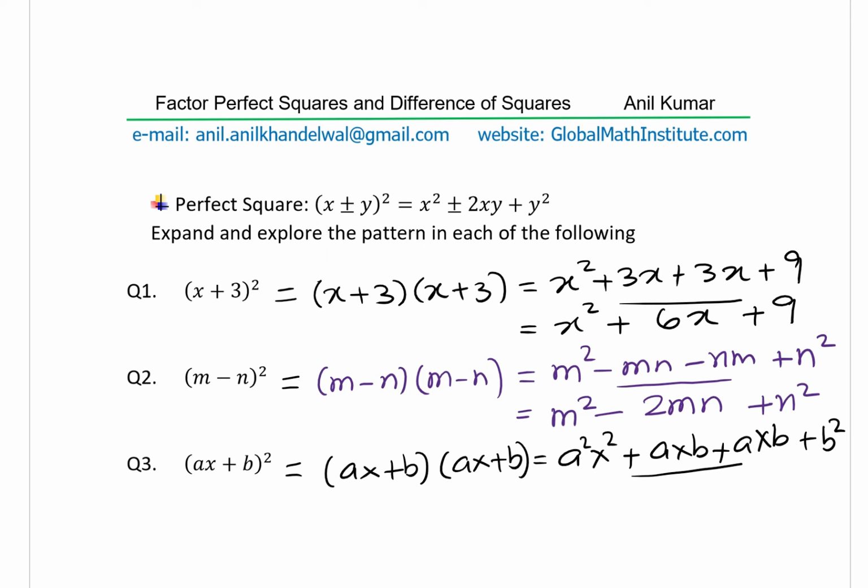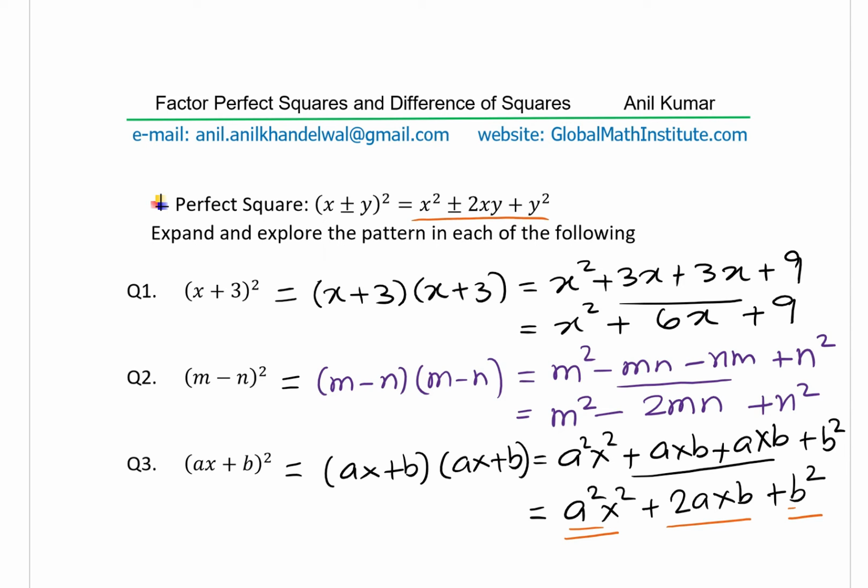Combining the terms right there in the center, we get a square x square plus 2 times axb plus b square. Now in each case, you can check that you have a perfect square here, right? These two sides, and the center term is twice the numbers which are squared. And that is what our formula is.